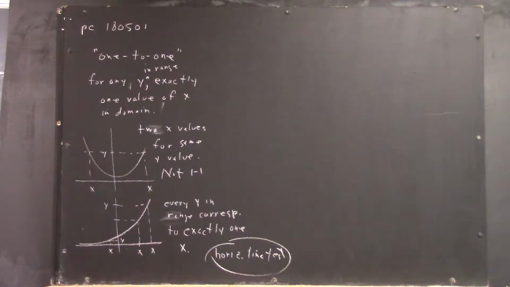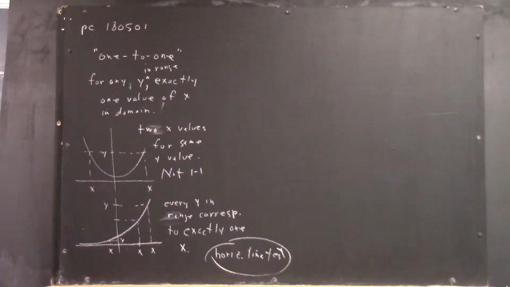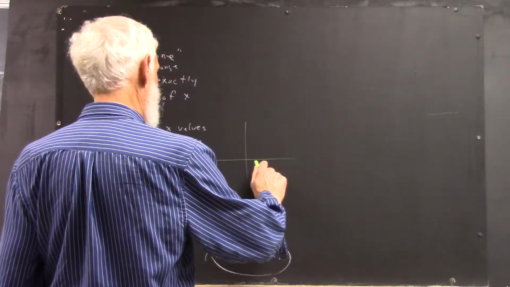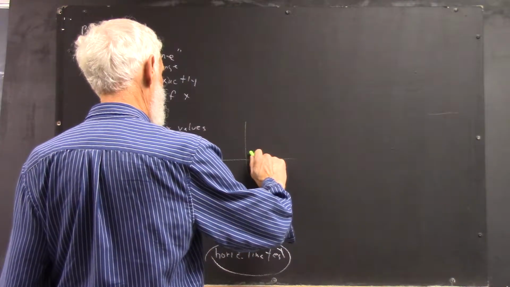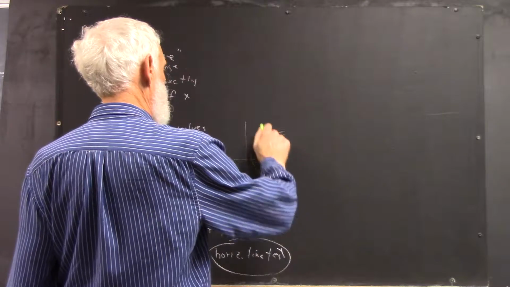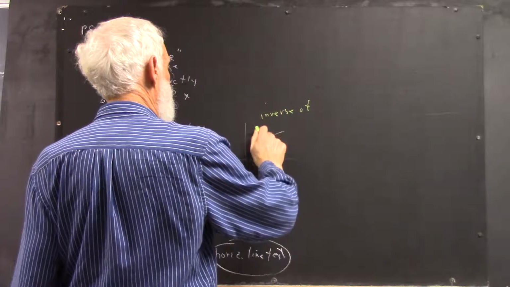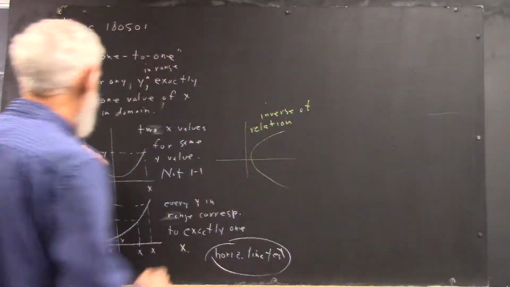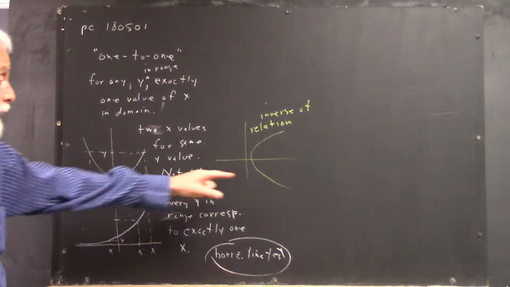Going a little further, an important thing about one-to-one is you can't do an inverse function for a function that isn't one-to-one. Because if you invert it, the inverse of the relation here is this.